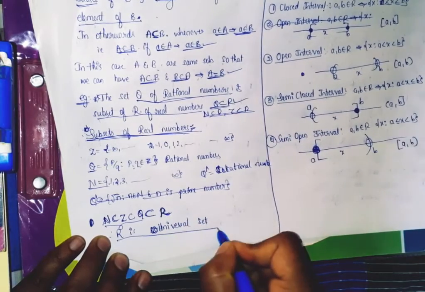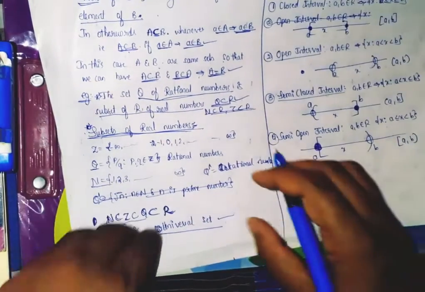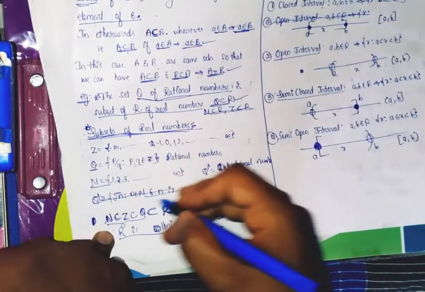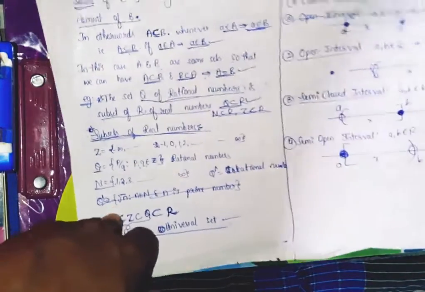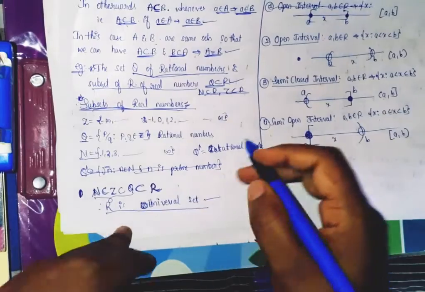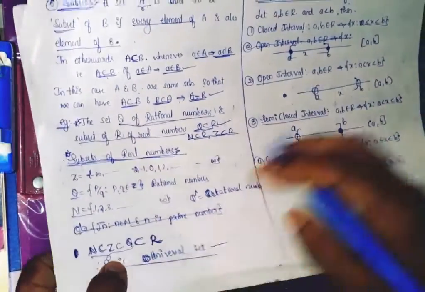So here R is the universal set, and all those Z, Q, N, Q dash are subsets of the real numbers.